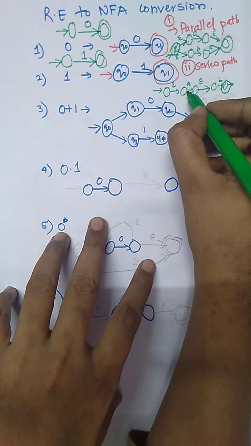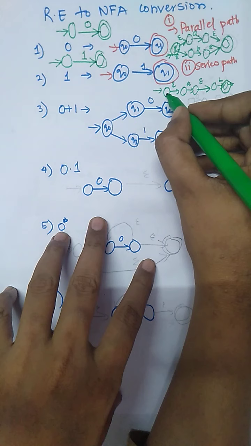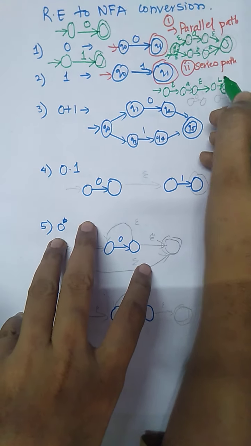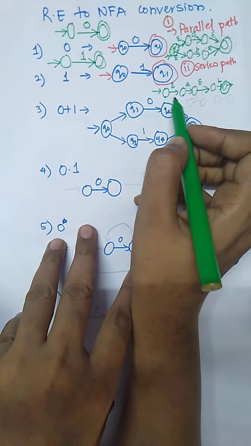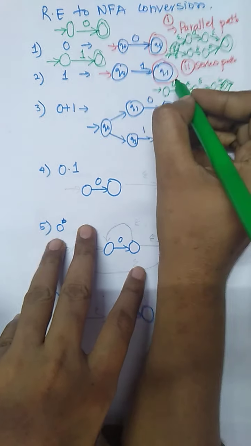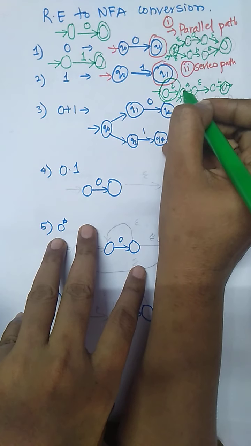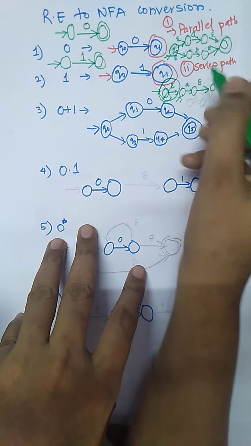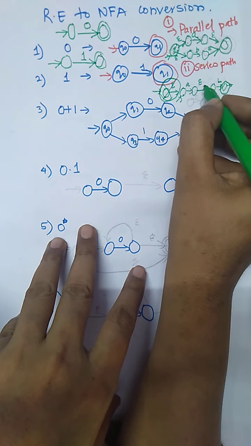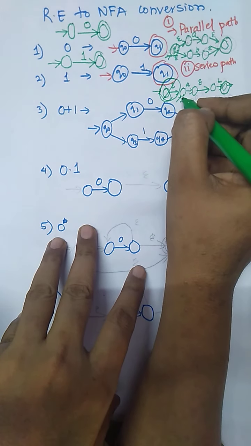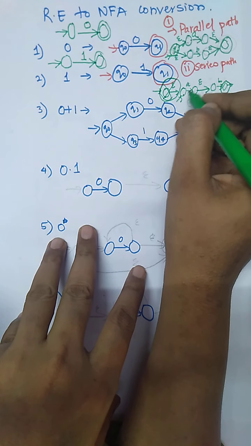Now A and B together will have this initial state and this final state. Now here there is no need to have this as an extra initial state. This will also be marked as the initial state, so no need to have this one. So for A dot B directly, no need to add the extra one. The initial state of A will be considered as the initial state of the whole expression.